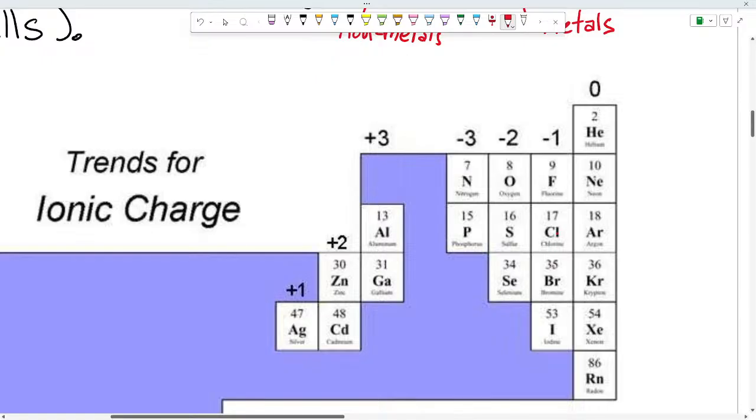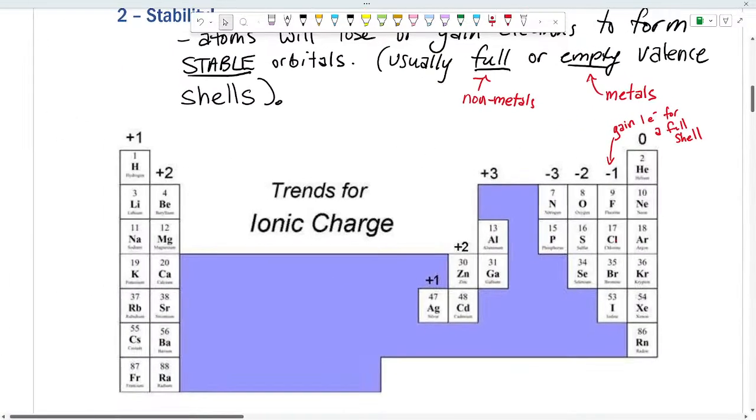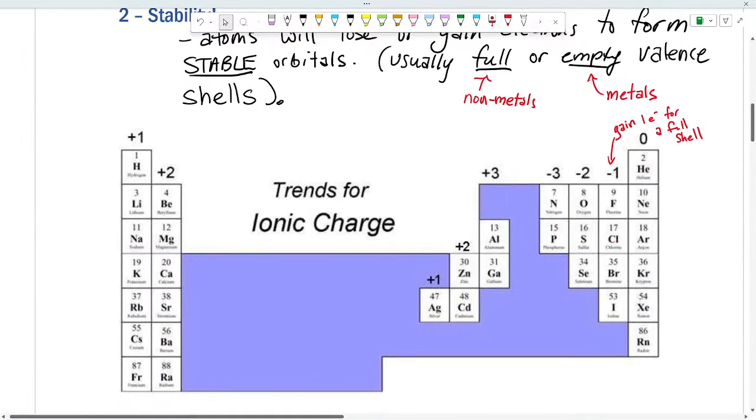But fluorine, chlorine, bromine, and iodine, these tend to gain 1 electron. And obviously I could go on and say everything here, they tend to gain how many electrons? 2. And everything here tends to gain how many electrons? 3. I'm not going to bother writing that because I think it's redundant. I think we get the idea.